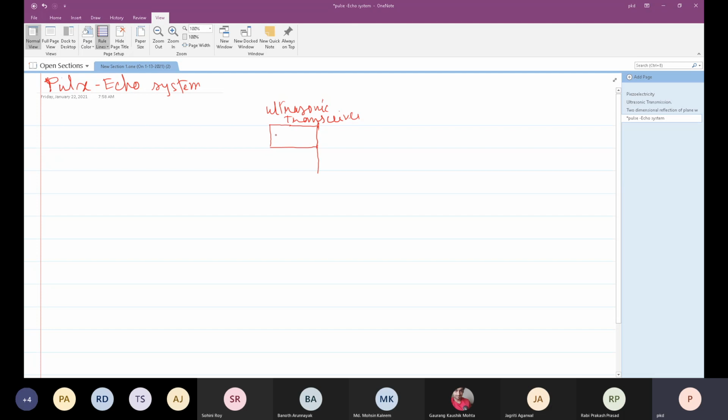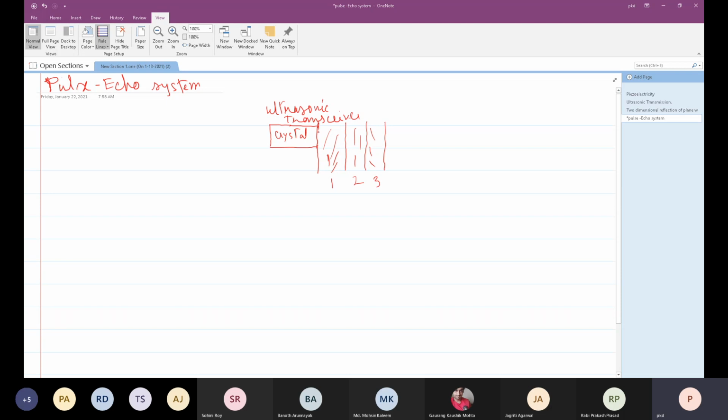Therefore, this one is attached to the test medium, which may have several layers. So this is 1, this is 2, this can be 3.